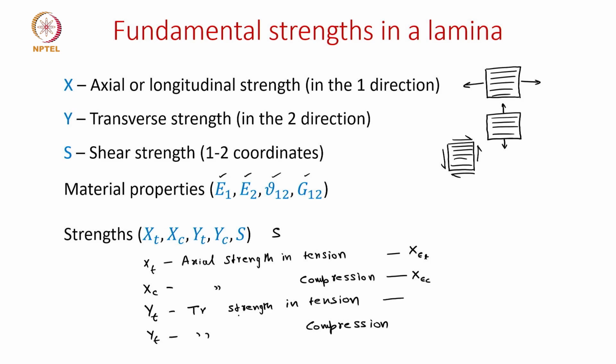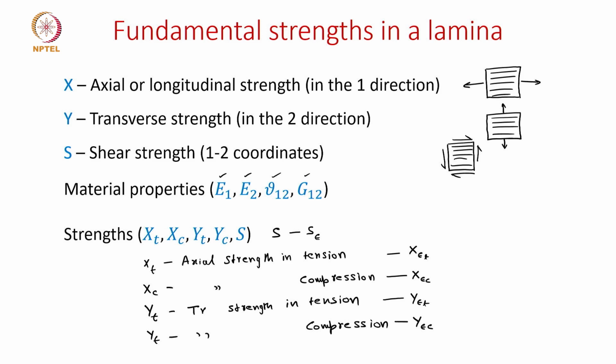Similarly, for transverse strain in tension, we write it as y epsilon t. And transverse strain in compression, we write it as y epsilon c. And corresponding to the shear strength, the corresponding strain, we write it as s epsilon.